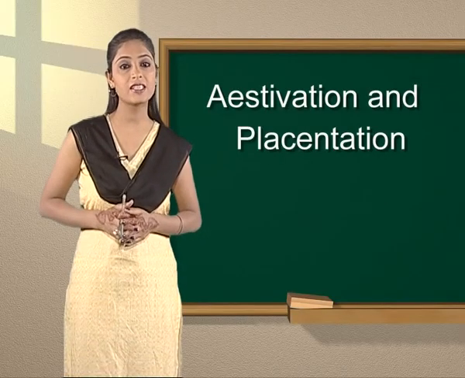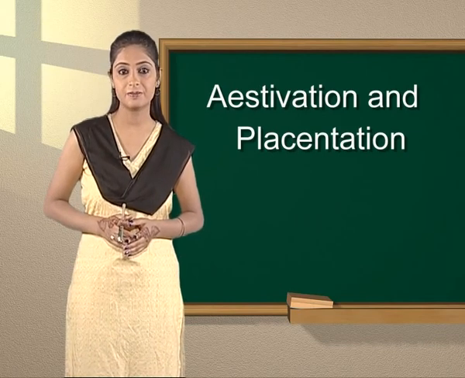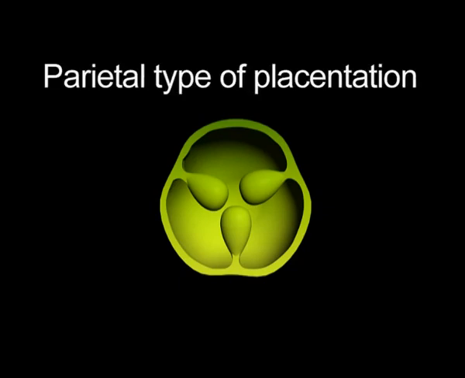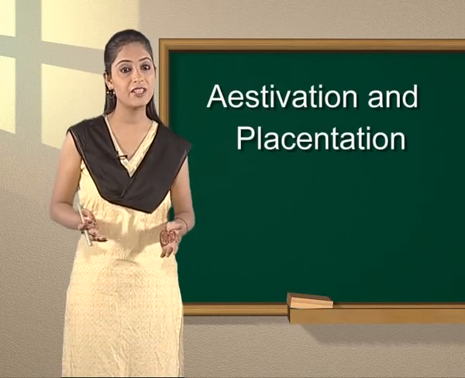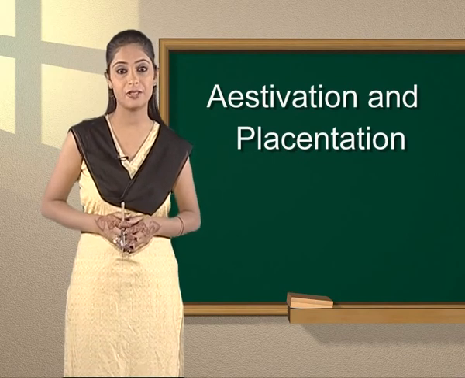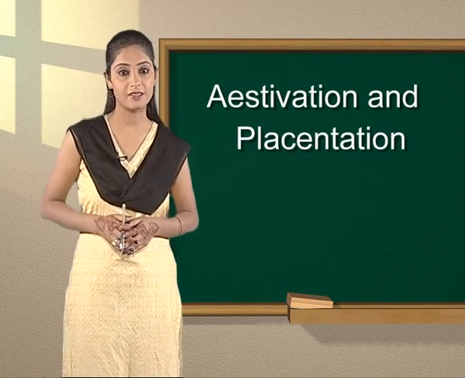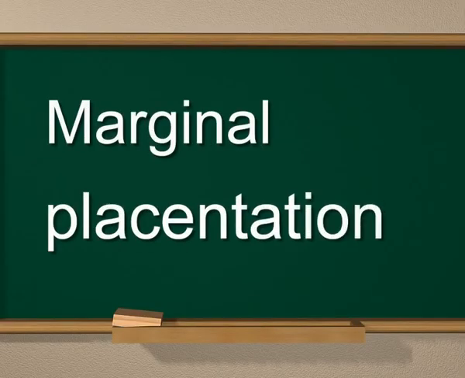My next question is, which type of placentation is shown here? Answer: yes, you are right. This is a parietal type of placentation. The next question is, which type of placentation is found in Pisum sativum? Answer: marginal type of placentation is found in Pisum sativum.